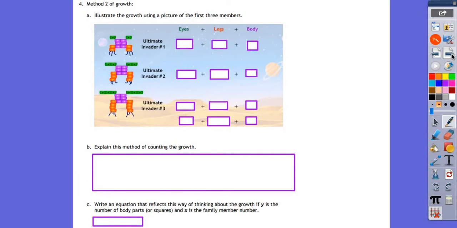So we can fill in and see how this second person looked at the invader family. Okay, we ready to look at it? Your chart's done?